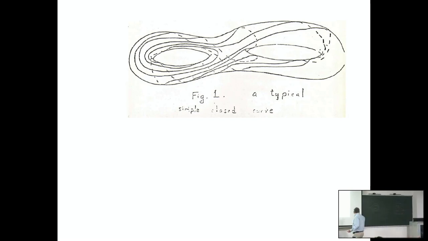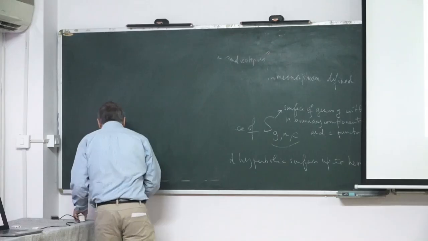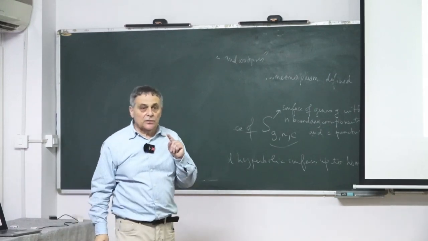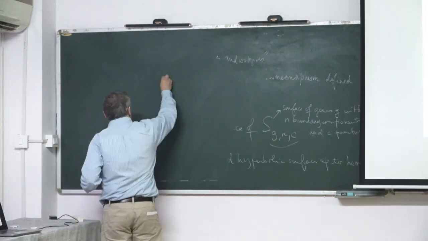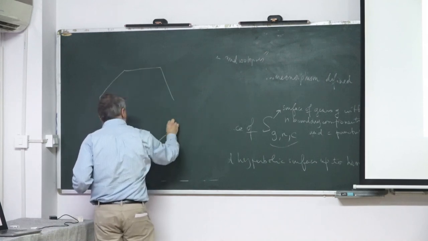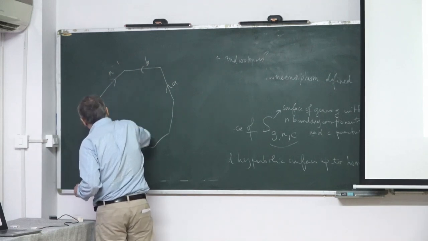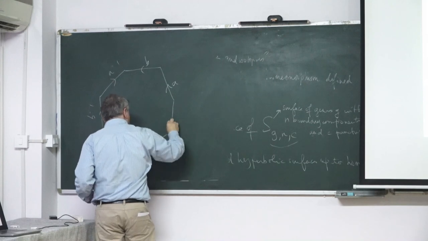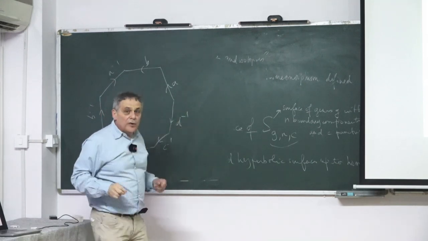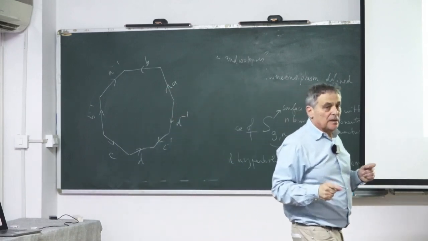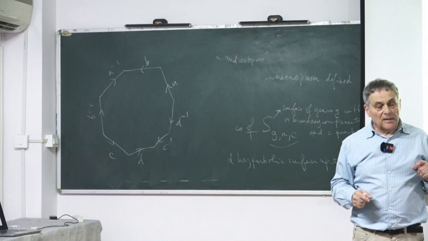But we discussed last time, or the time before, in fact, the fact that a closed surface of genus 2, you can realize it as C, D, C inverse, D inverse by gluing the 8 sides of an octagon in this way.